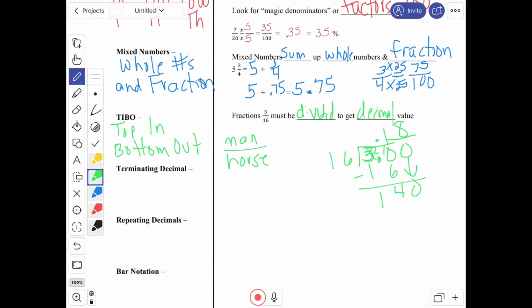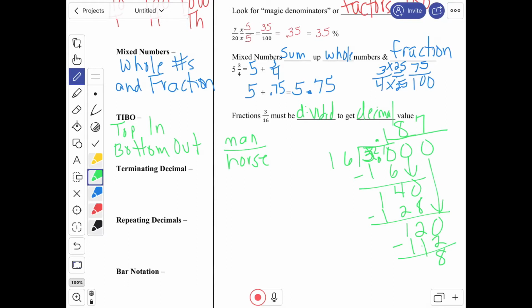16 goes into 140 8 times with 12 left over. Another 0, keep going till you run out of remainders. 16 goes into 120 7 times, which is 112, with 8 left over.